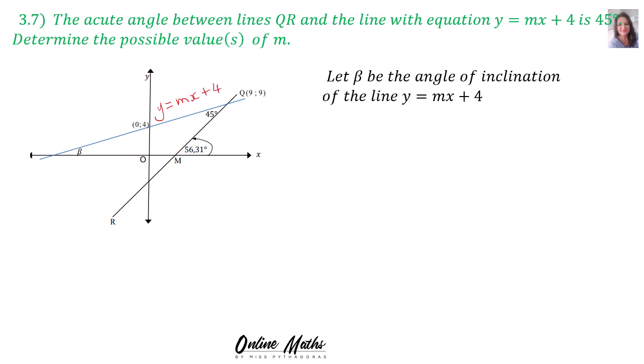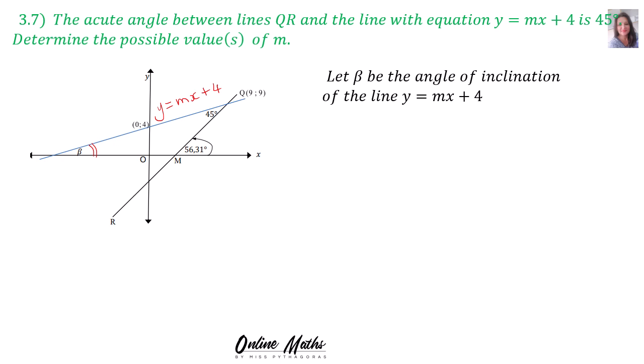Let beta, this angle over there, be the angle of inclination of the line y = mx + 4, since the definition of angle of inclination is the angle between the line and the x-axis measured in an anti-clockwise direction.